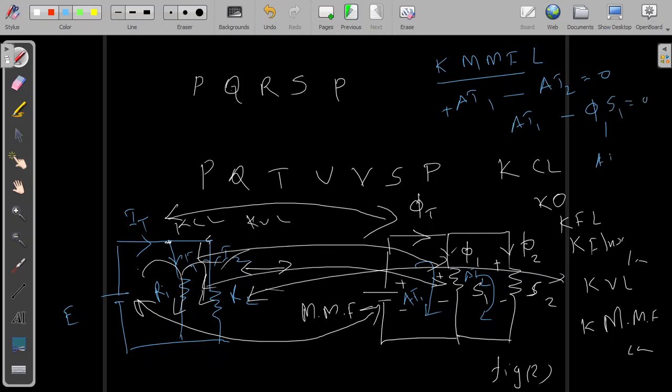That means F1 equals phi 1 S1. This is Kirchhoff's law in a magnetic circuit.